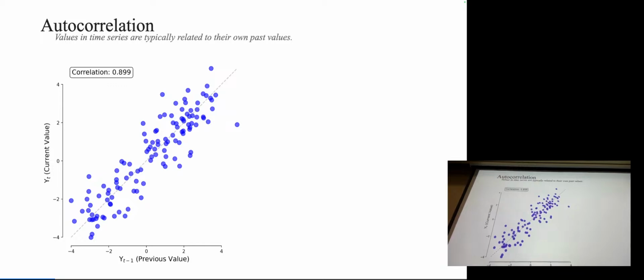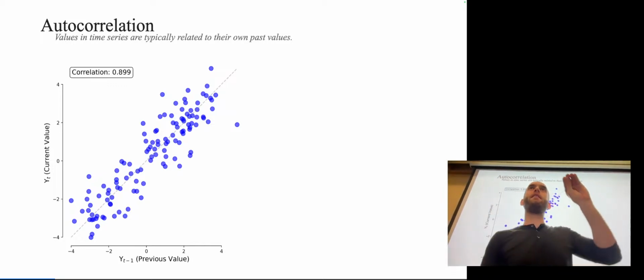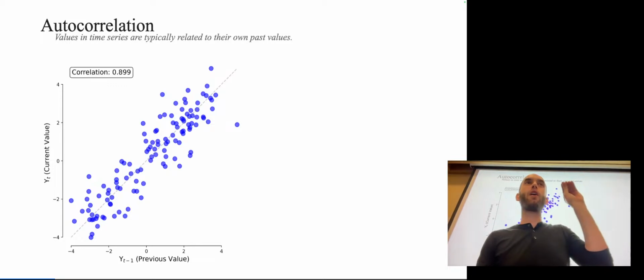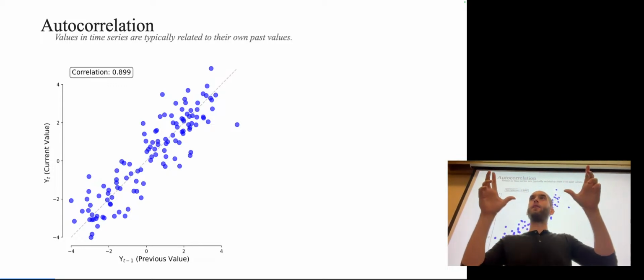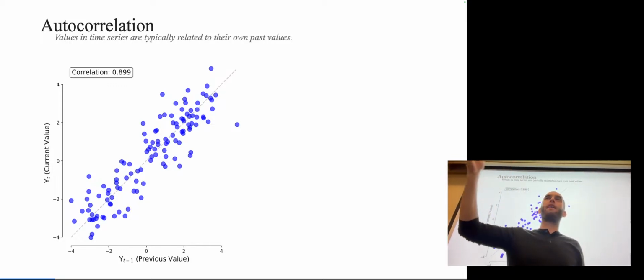So for every row, I'm just taking that value and plotting it against the row below it or above it, depending which way we're going. And the problem here is that when we randomly draw a data point, the distribution itself is centered on the data point that came before.